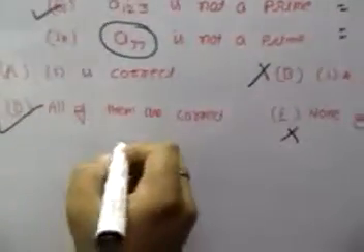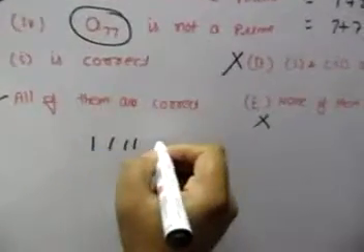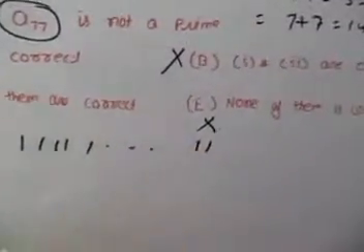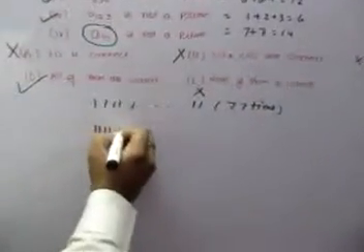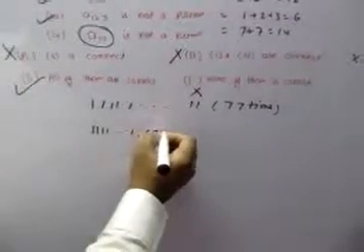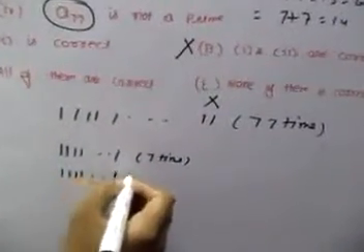A77 means 1 is repeated 77 times. This number is always divisible by A7, where 1 is repeated 7 times, or A11, where 1 is repeated 11 times.